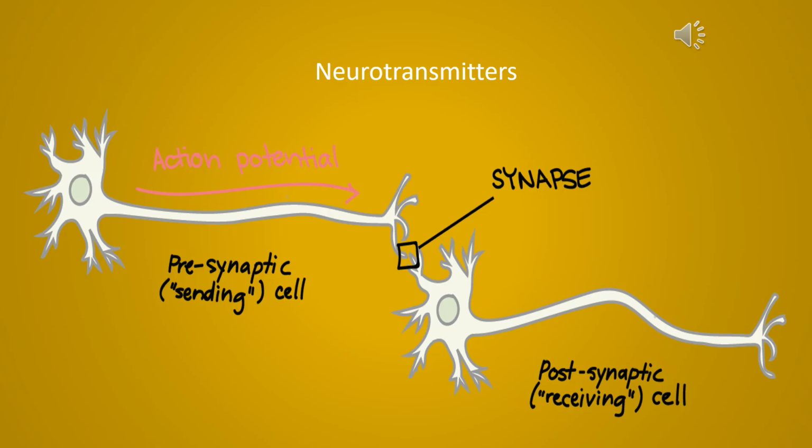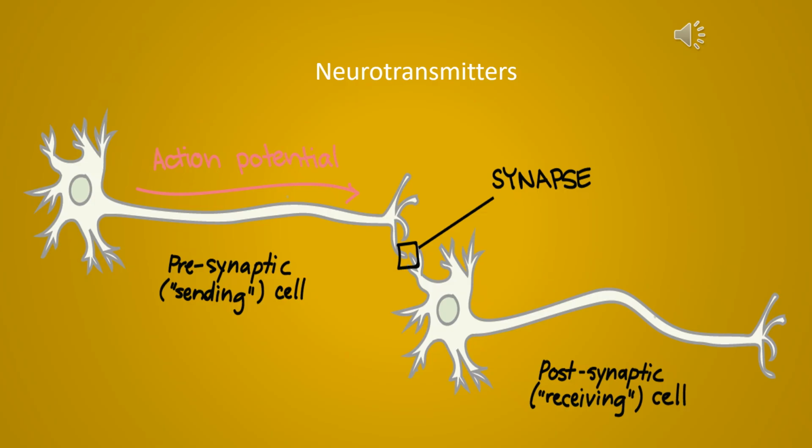So the question is, how does the communication go from one cell to the next when there is a gap in between? Well, the answer to that question is that the chemicals that are released from one bind to the next one and in whatever way relay the action potential or communication from one cell to the next.